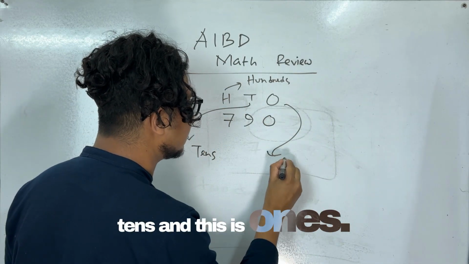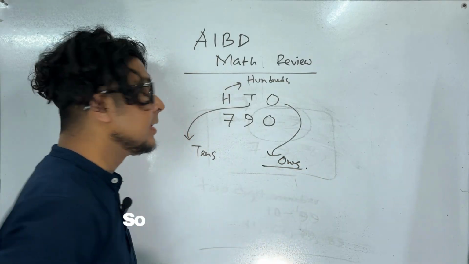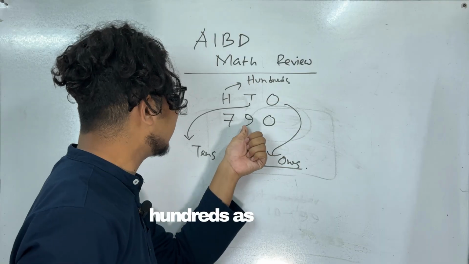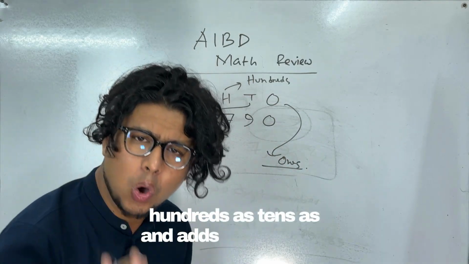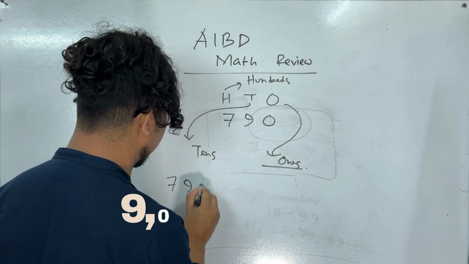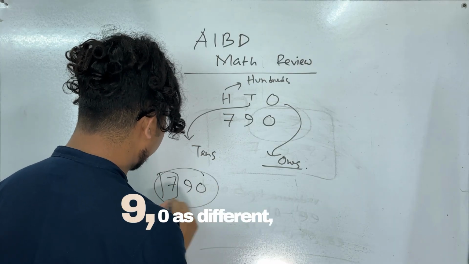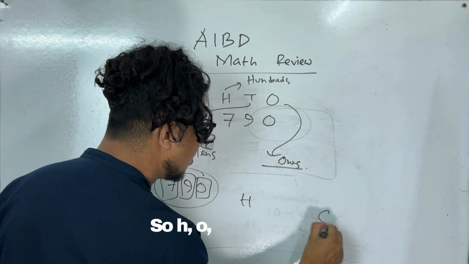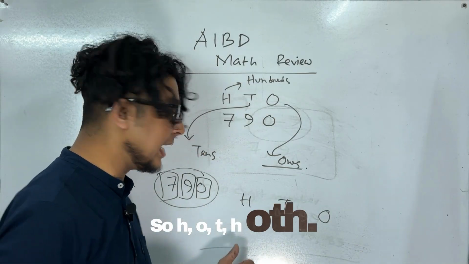And this is ones. So it is not been given as hundreds, tens, and ones. Now, how can I rearrange it? Think about 790 as different digits.